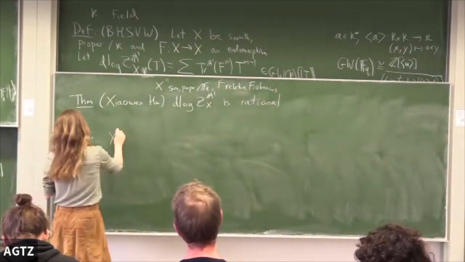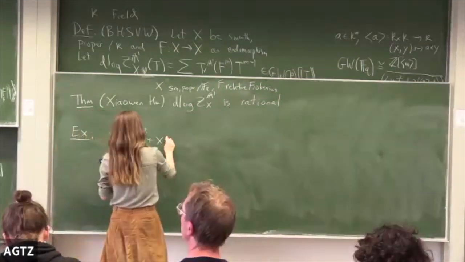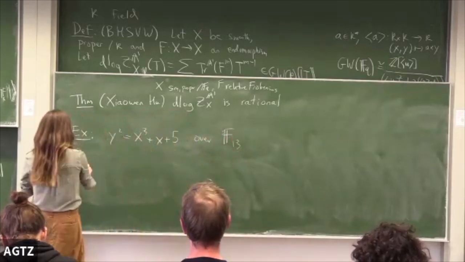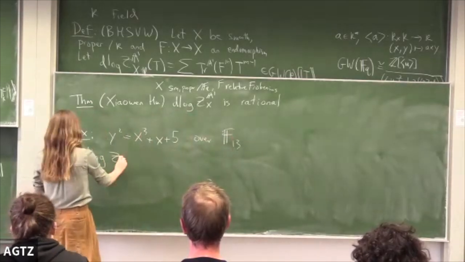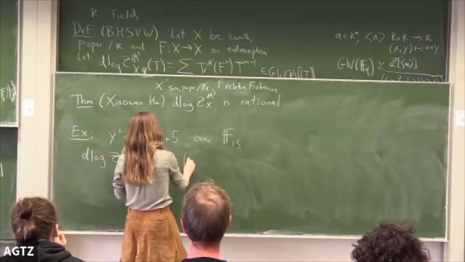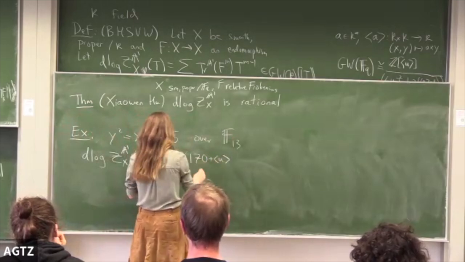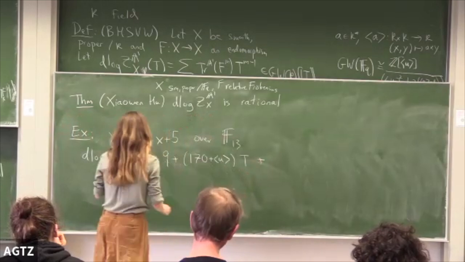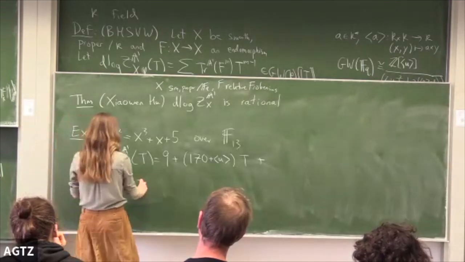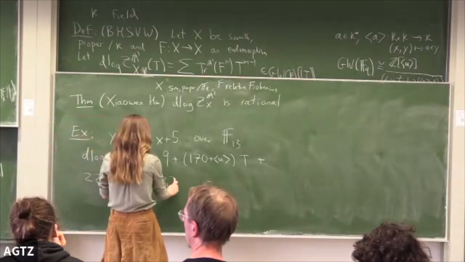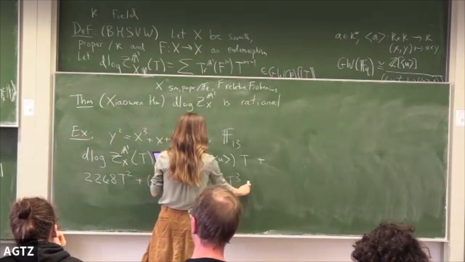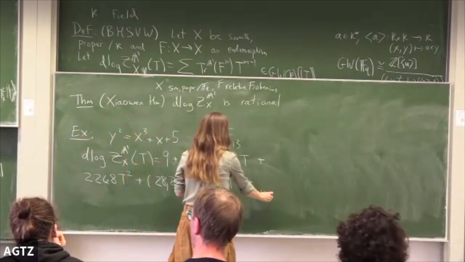So, for example, with y squared equals x cubed plus x plus 5 over F_13, the A1 zeta function d log zeta A1 of X is 9 plus (170 plus u) t plus 2,268 t squared plus (28,898 plus u) t cubed, and this goes on and on.